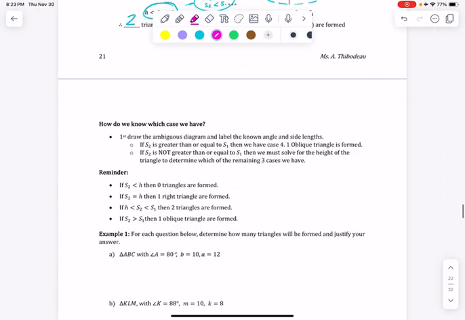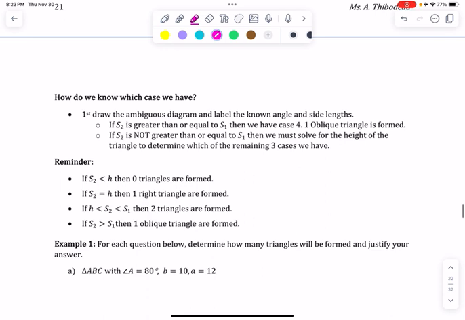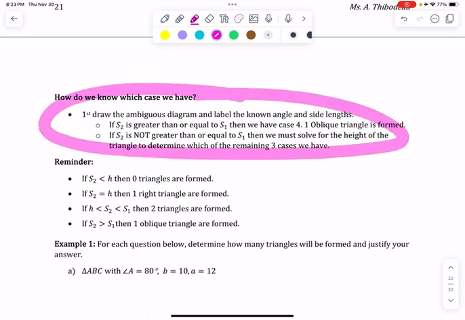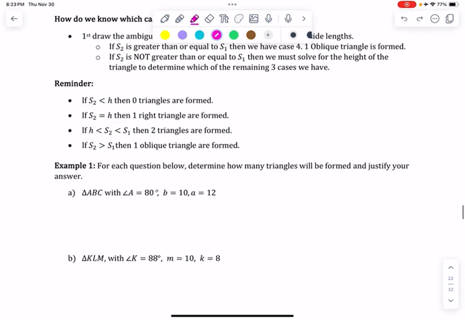Now, if you don't trust me, the game plan is also stated in words right here. Okay, so as we're going through these questions, we have 5 examples to do. We're always going to start off with a diagram. Once we determine the information required to make our decision, we are also going to justify our answer.